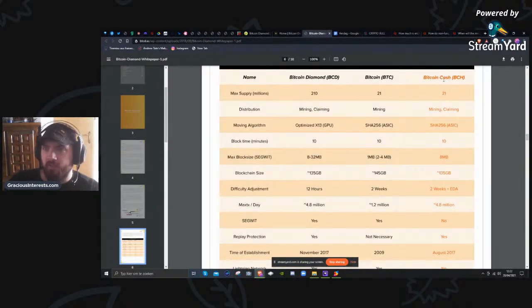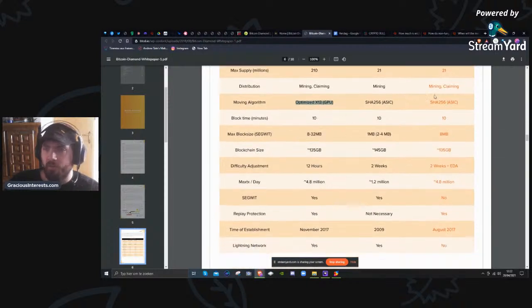They even compare it to Bitcoin Cash and other projects. Max supply in millions. The tenfold distribution, mining and claiming resembles Bitcoin Cash a bit. Optimized E13, so GPU, making it ASIC resistant, unlike 2 other contestants.